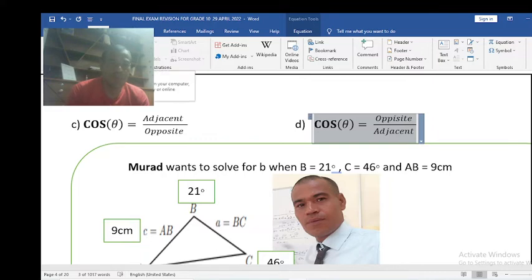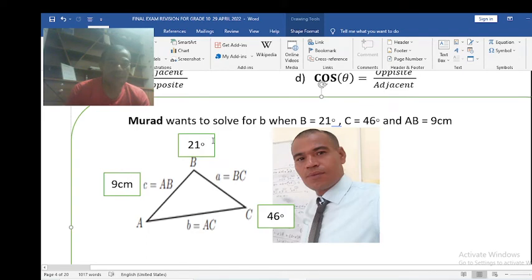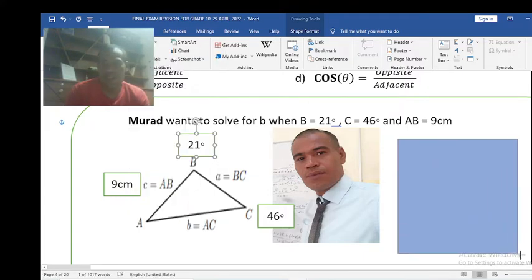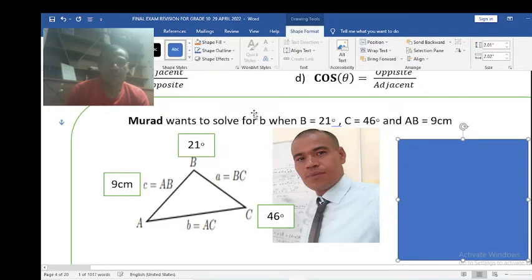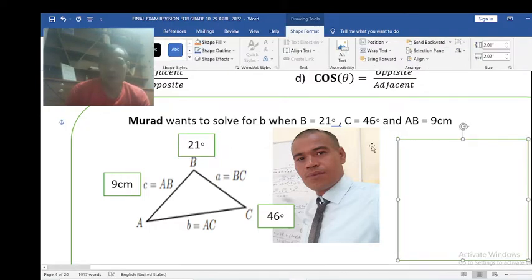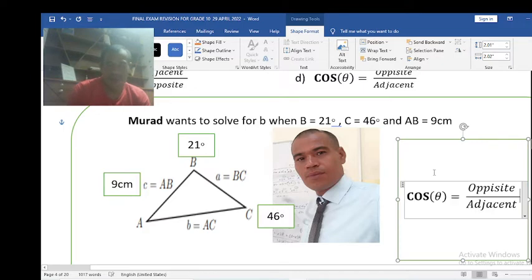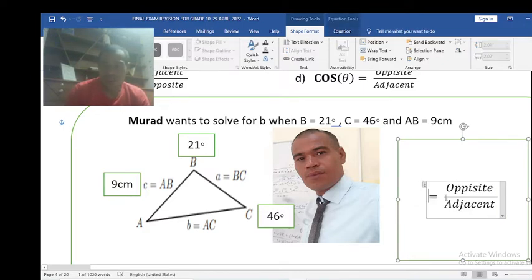I will insert a square so that I can explain it here. Now I will paste. So our sine rule is, I will just erase this one.